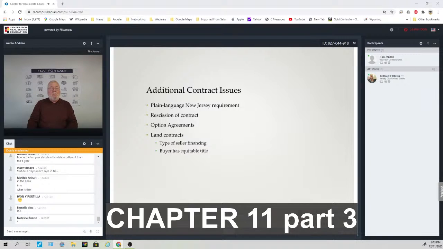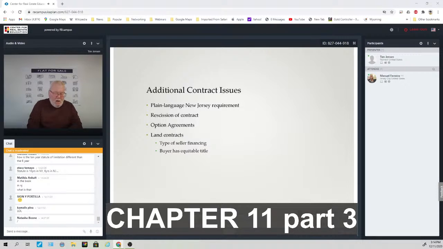There are additional contract issues, rescission of contract. Does a party have the right to rescind a contract? I'll tell you right now, guys, maybe they do and maybe they don't. What do you mean maybe they do and maybe they don't? That's not very clear.